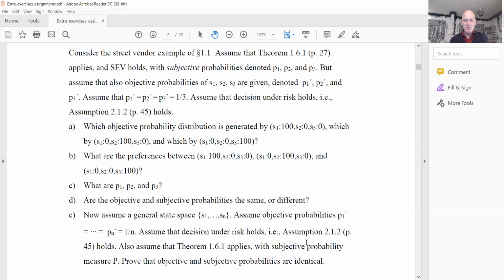And in fact, if the state space is refined enough, you can prove that all events with a rational objective probability must have the same rational subjective probability. Rational is now this mathematical concept, k over l, where k and l are natural numbers. It's not the decision-theoretic concept.